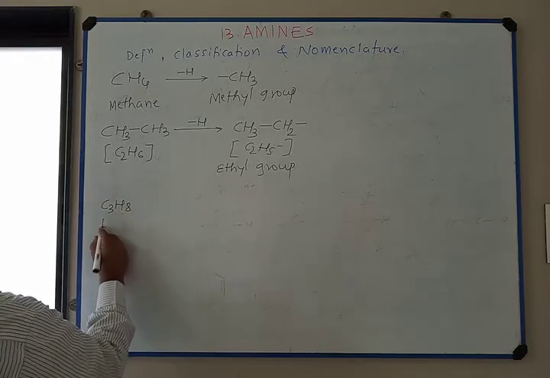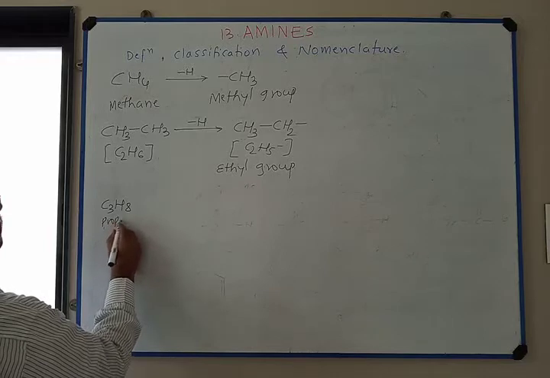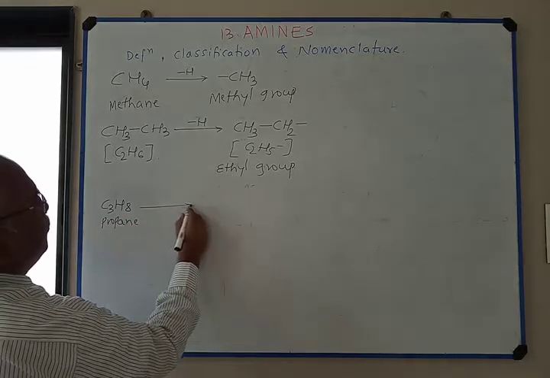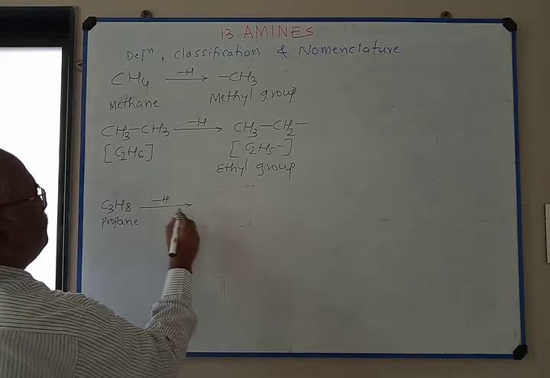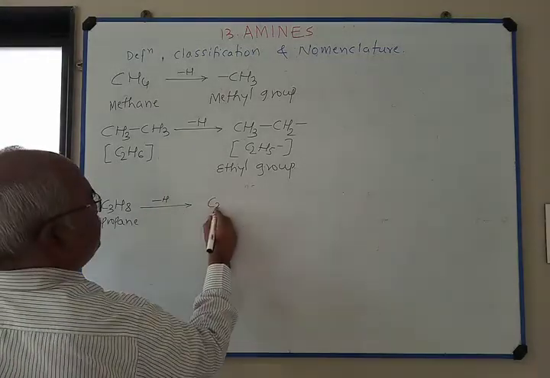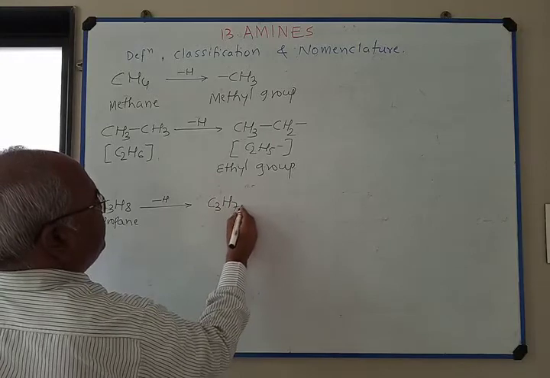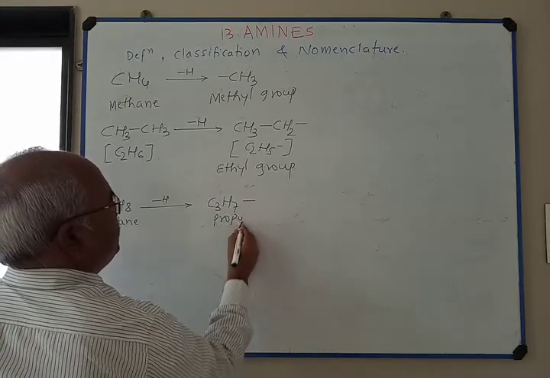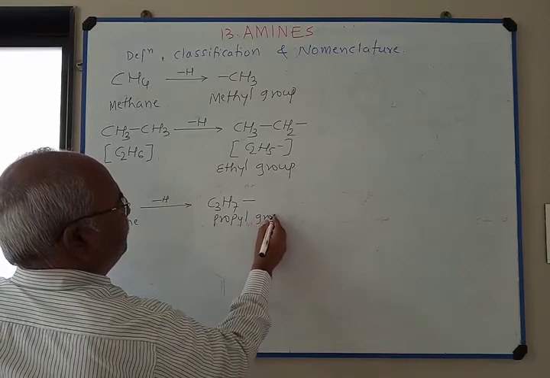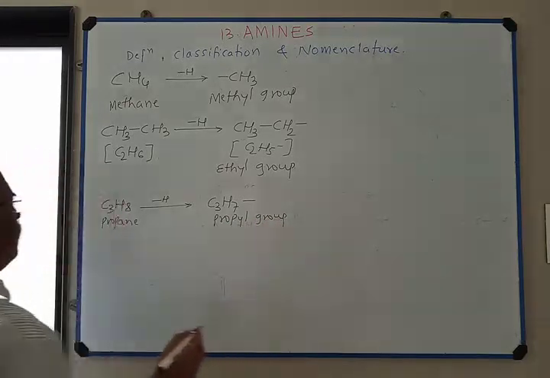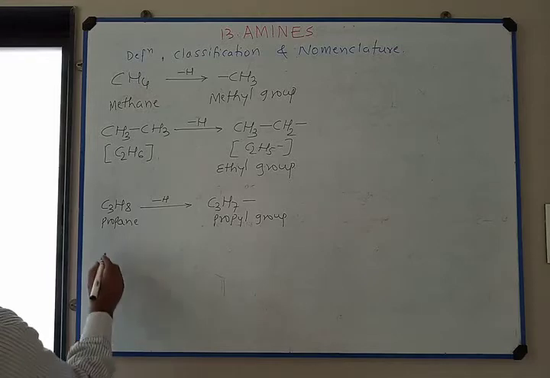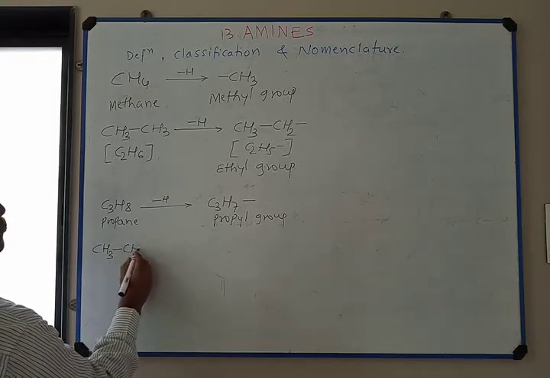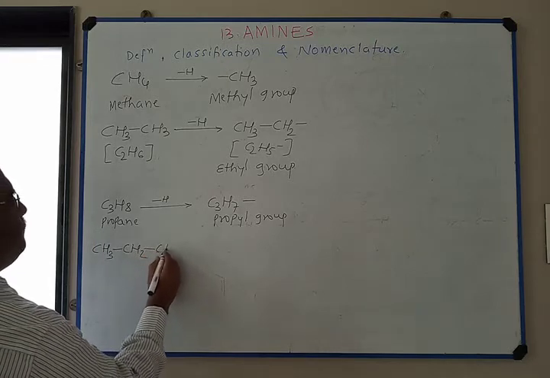Next example, I take C3H8. This is propane. From this propane, remove one hydrogen. You will get C3H7. This group is called propyl group. This propane can also be written like this: CH3, CH2, CH3.